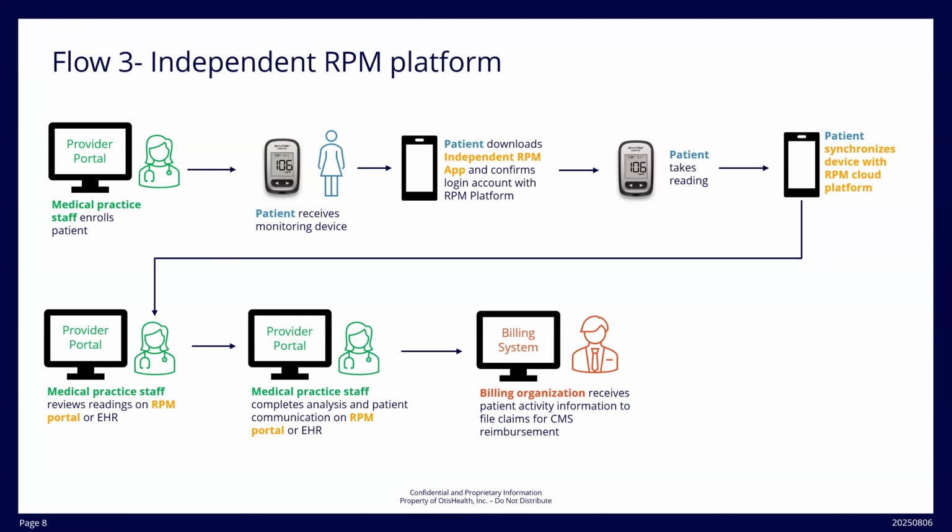The flow is the same, but the ability to have many devices and even monitoring different conditions changes with flow 3. The other iterations, I'm happy to explore them in Q&A, or if you want, you can email me after the session and I'll describe it in more detail.